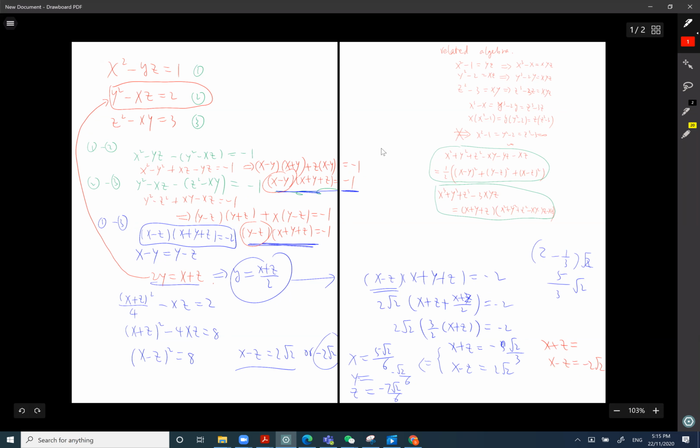So x plus z equals positive root 2 over 3. That will be the other possible solution. The other one, because the sum and the minus are all just opposite. So the answer should be just this: 5 root 2 over 6, negative root 2 over 6, -7 root 2 over 6. All negative for the other one.